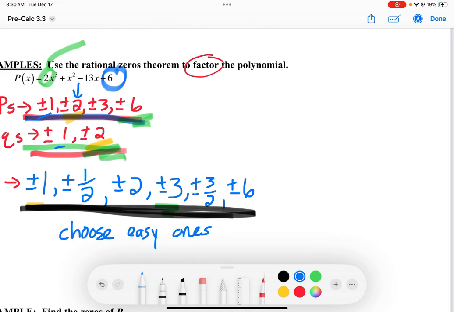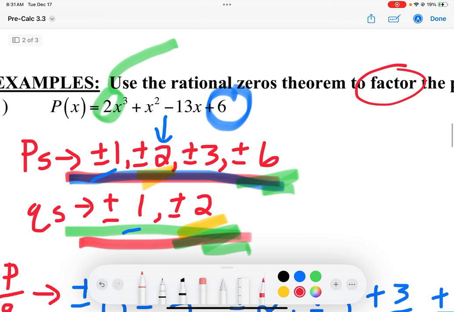Okay, so I'm going to do this a little differently than I did on the front page. I'm going to set this up with 2 lines. The coefficients are going to go above that line. So the coefficients, if you look over here, are 2, 1, -13, and 6. There's no placeholder.